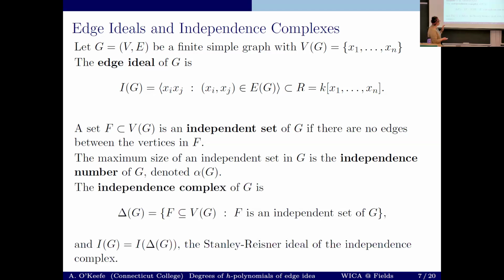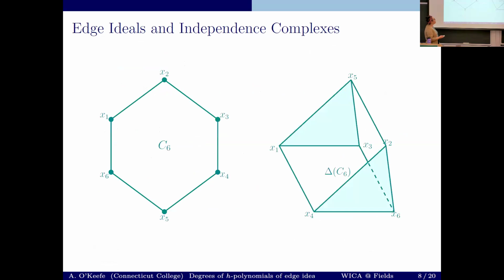And then the independence complex is basically the simplicial complex that I get from taking these independent sets as my faces. We like this because now the edge ideal is a Stanley-Reisner ideal, and lots is known about Hilbert series and Hilbert functions of Stanley-Reisner ideals. So here's a little example. This is C6, the cycle on 6 vertices.